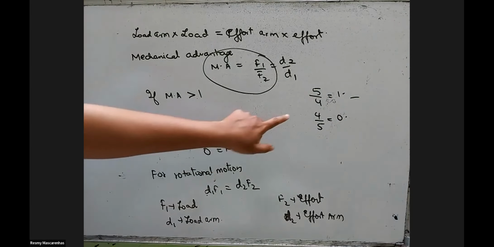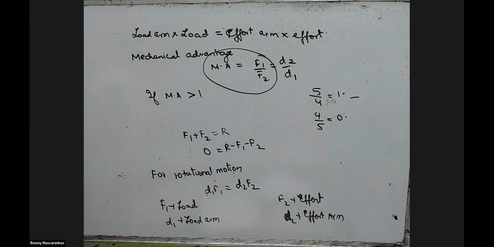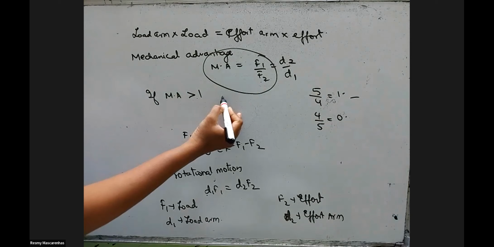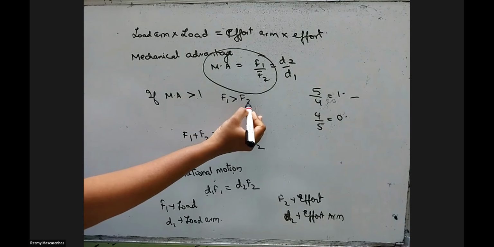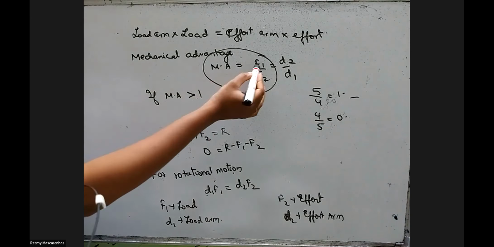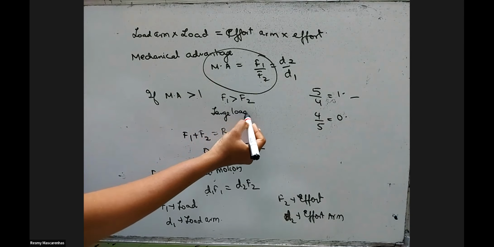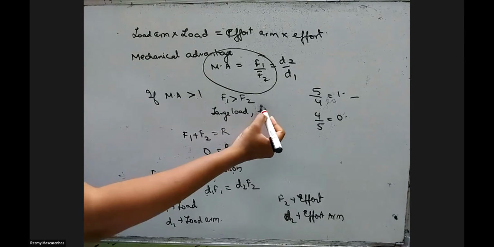So when the numerator is smaller than the denominator, it will be less than 1. So when is it greater than 1? When the numerator is greater than the denominator. What does this mean? This means the larger the load, the less will be the effort.